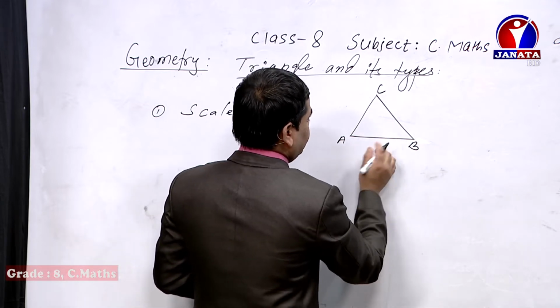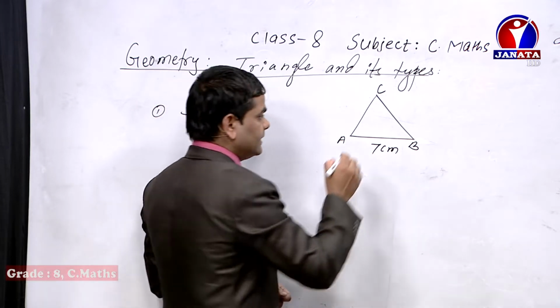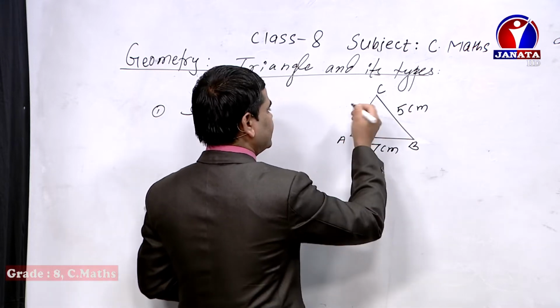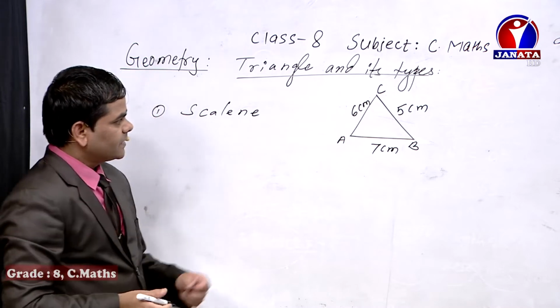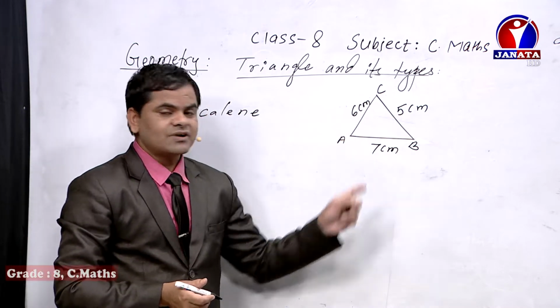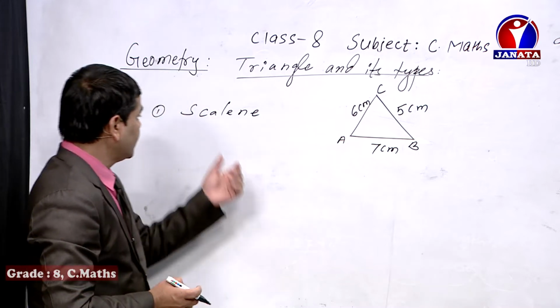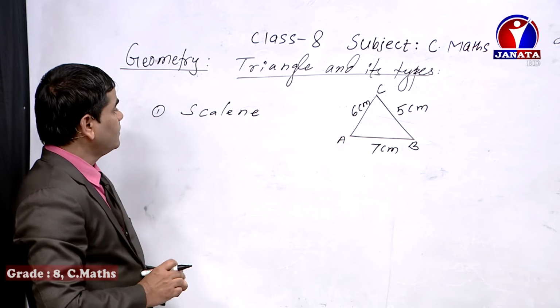If the length of this side is 7 centimeter, then this one has 5 centimeter, and then this one has 6 centimeter, then all the three sides of the triangle's measurement are different. Such a type of triangle is known as the scalene triangle. This is one of the triangles.